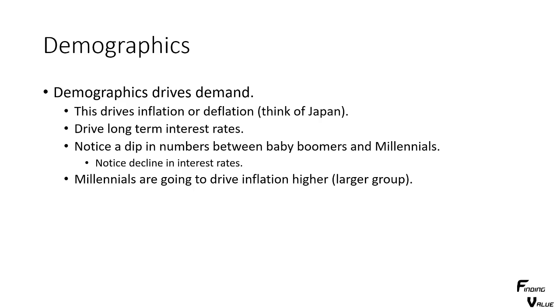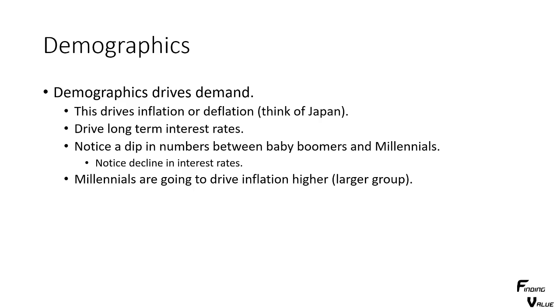And you can tell by Japan having a demographic that is declining. Their population's actually declining. Their interest rates have been going down. Their house prices have been going down. They've had deflation. Now, in America, we have a dip between baby boomers and millennials.